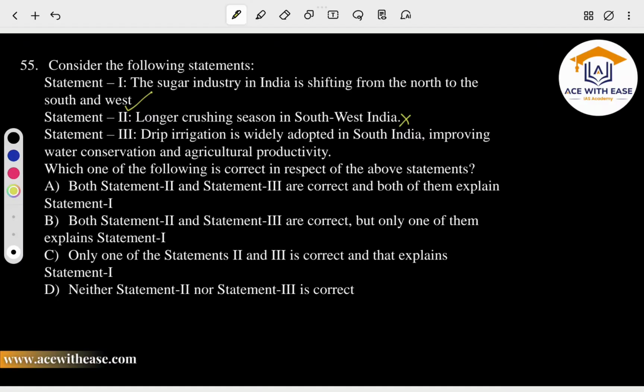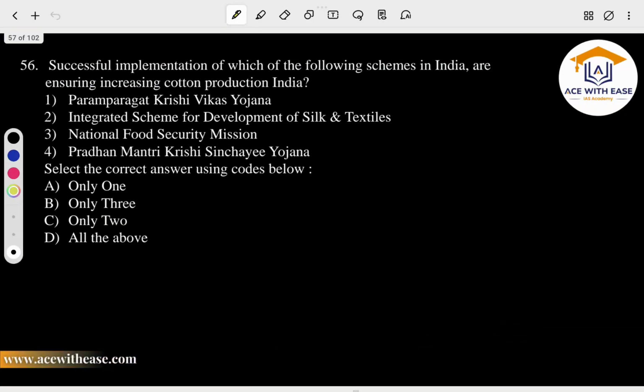Third, drip irrigation is widely adopted in southern India, improving water conservation and agricultural productivity. So the second and third statements are correct and that explains statement 1.